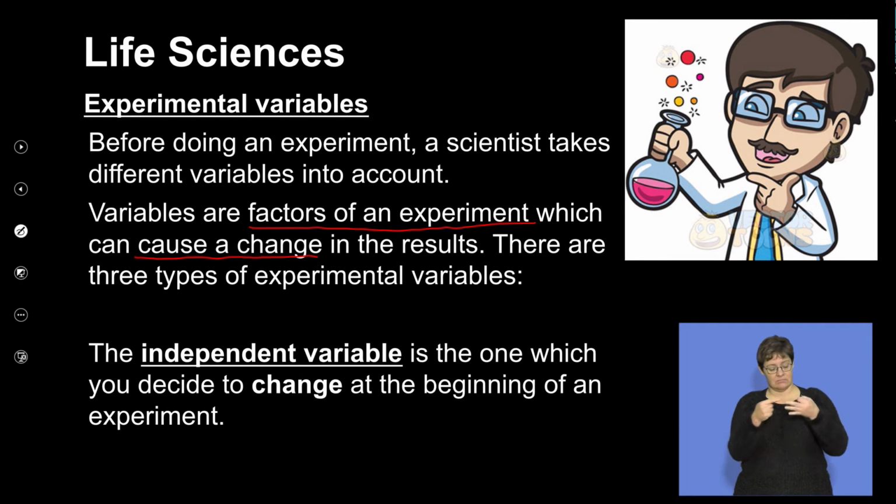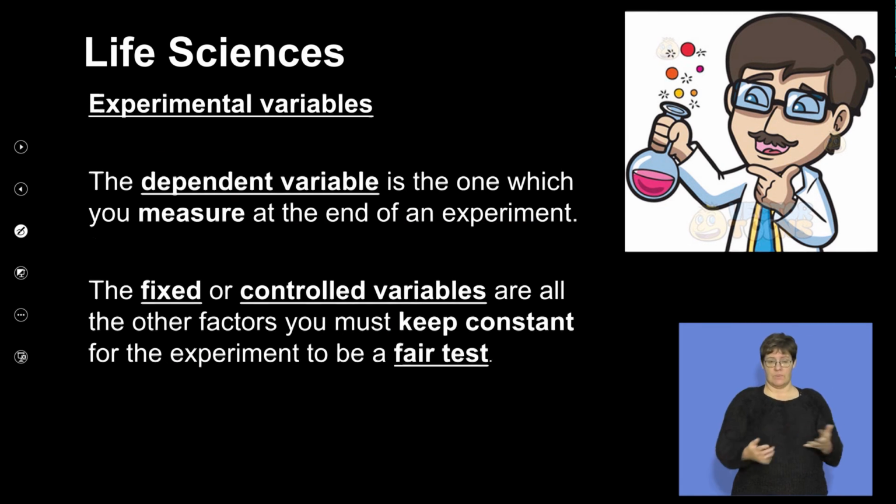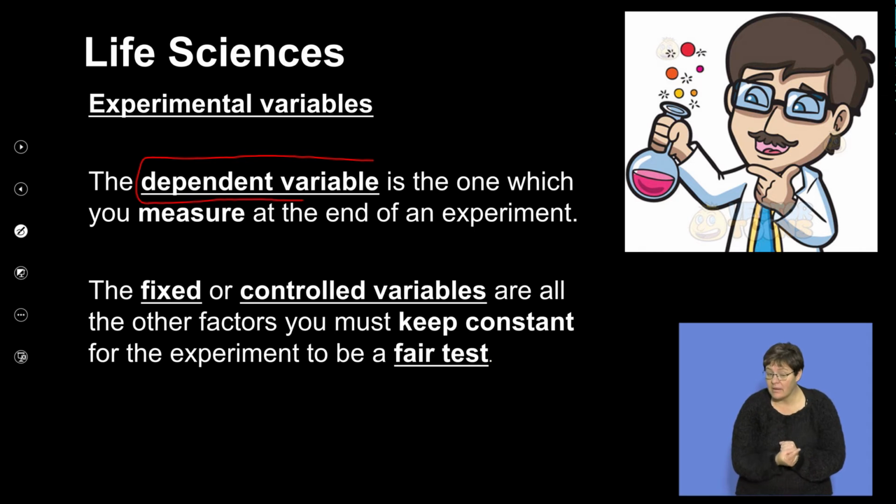And there are three types of variables that are important, and one is the independent variable, and that is the one that you change. You decide you're going to change this to see what happens. And what will happen because you've changed that is called the dependent variable, and that's the one that you measure at the end of an experiment.